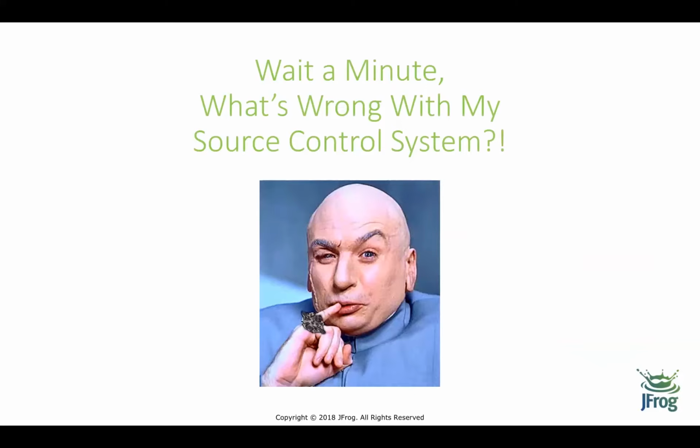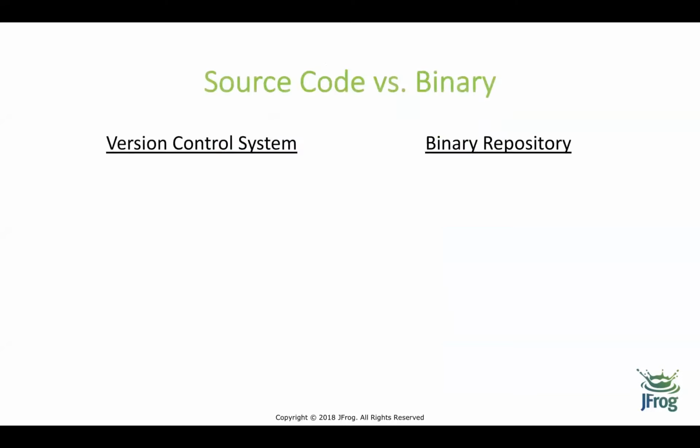But from an artifact perspective, you can say, hey, why can't you just use your source control system? You already made that investment in your current source control system. So why can't I just use it? Well, let's take a look at some of the differences between source and binary. First off, source is text, whereas a binary repository manager manages blobs or binary objects.